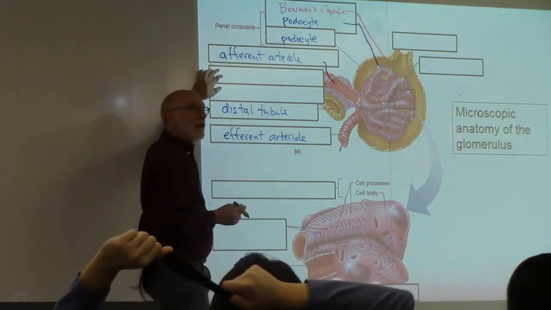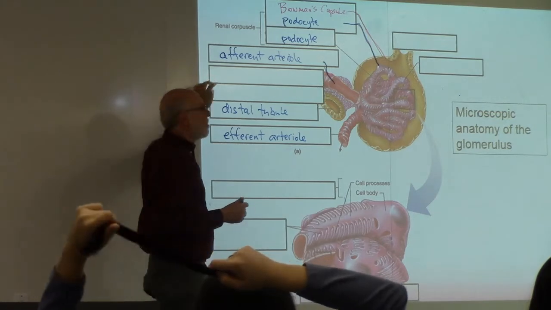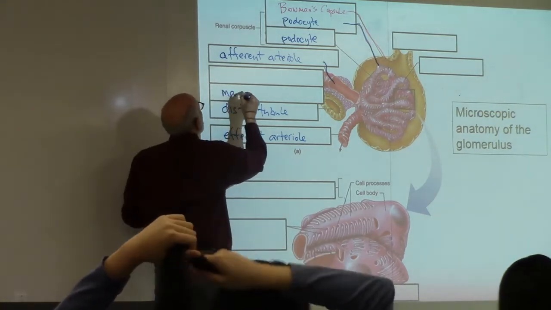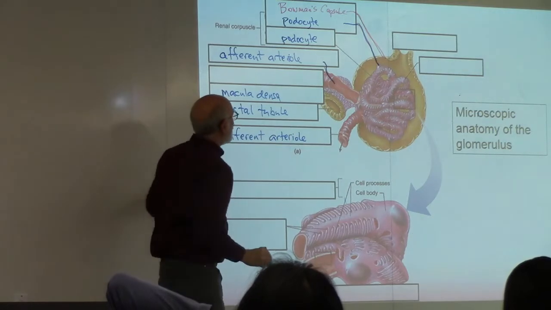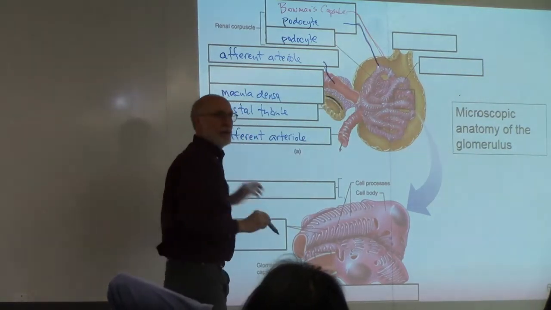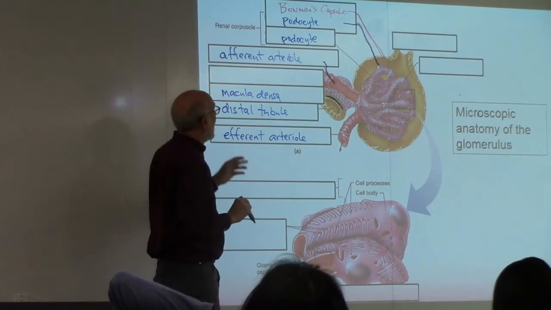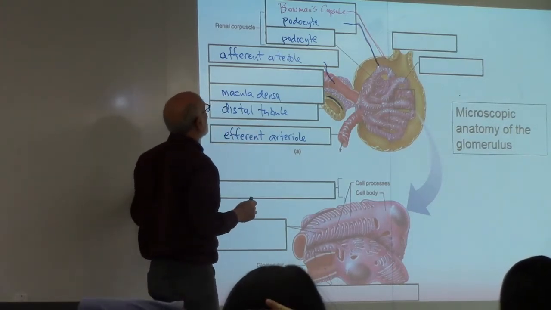Actually, there's two words here. One of them we had on the board before, macula densa, is actually a specialization of the distal tubule. And what are those purple things between the macula densa and the afferent arteriole?